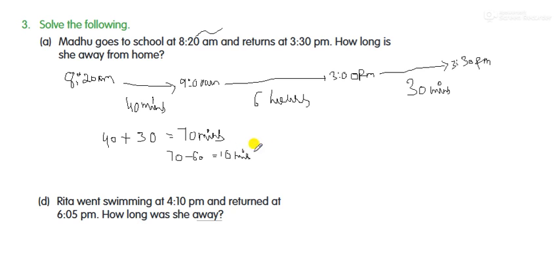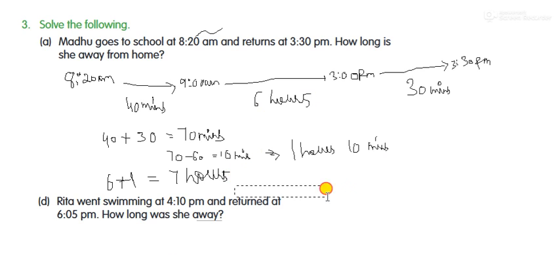So this implies 1 hour 10 minutes. Next add the hours. 6 hours plus 1 hour is 7 hours. So write down here, Madhu is away for 7 hours 10 minutes.